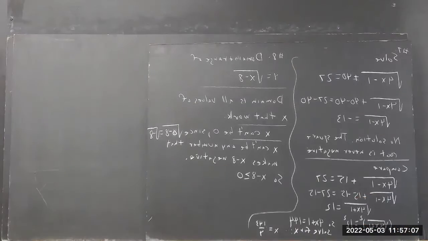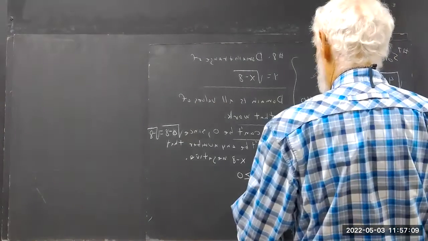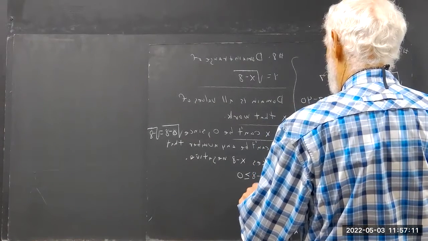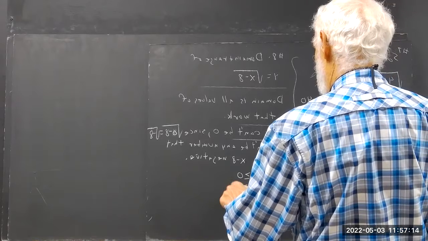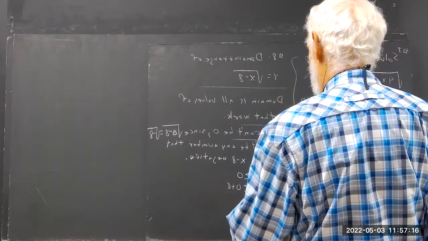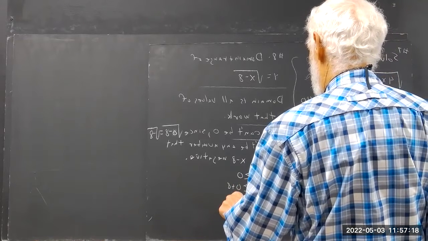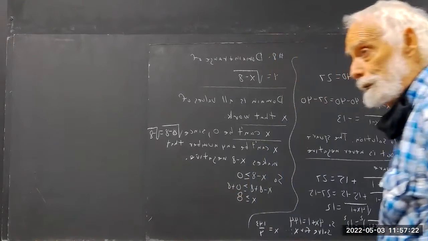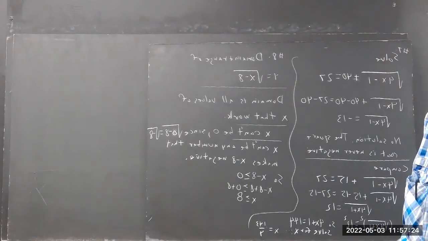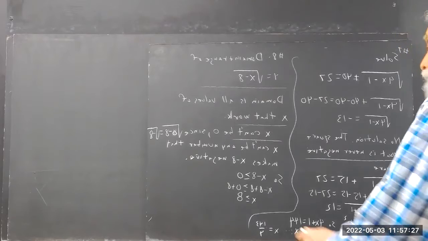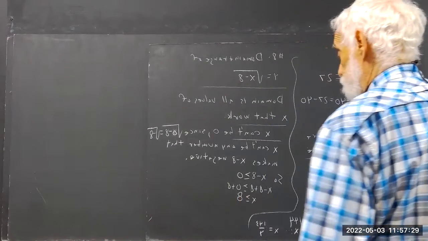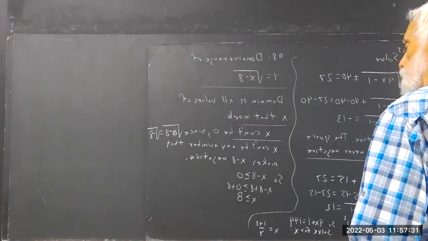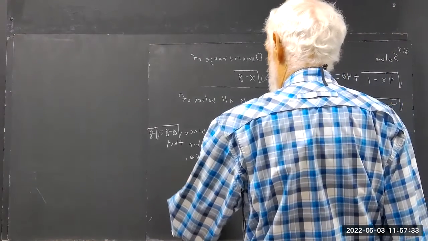And that's a very simple inequality. Just add 8 to both sides. So x has to be greater than or equal to 8. Now we can graph that on another line.